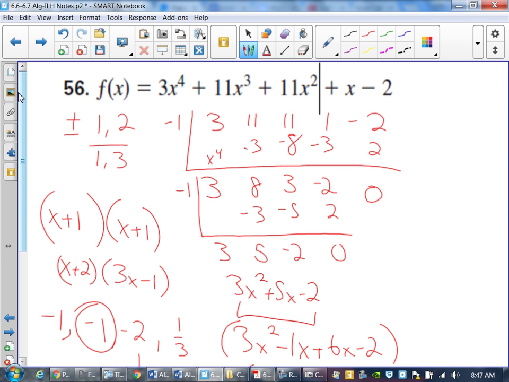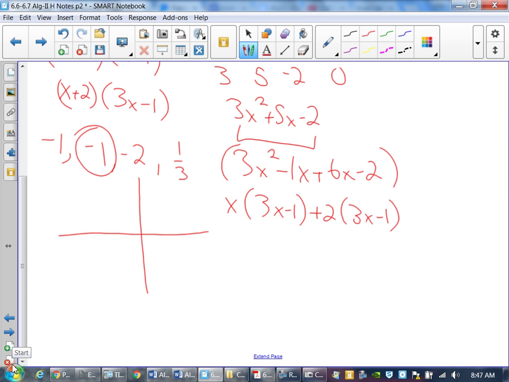Negative 2, negative 1, and a third. So if my tails are up, up, it means it's going to do this. How many changes of direction can we have in the 4th degree polynomial? Let's try again. 3. You got 3 changes of direction. 4th degree polynomial has how many zeros? 4 of them. Just one of them happens to be repeated, just fine.